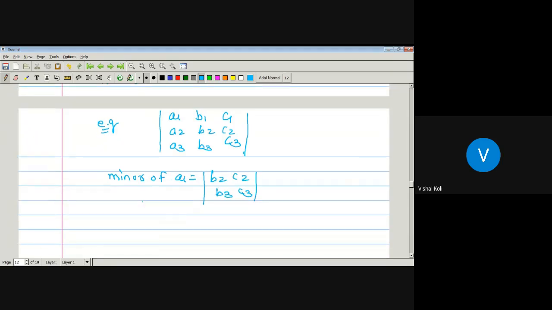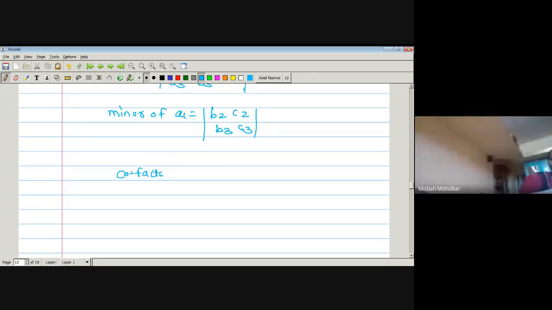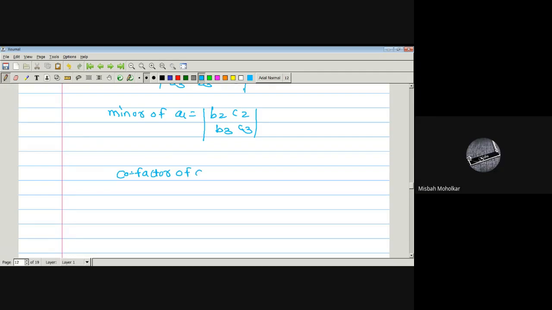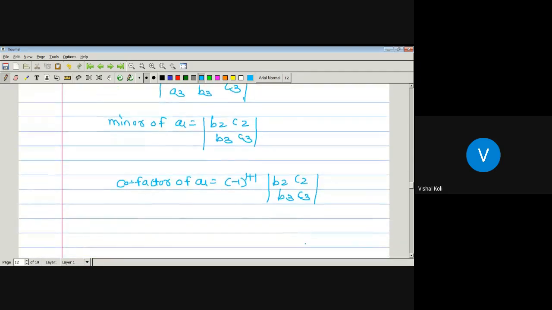So its cofactor, cofactor of A1, is equal to -1 to the power, A1 is present in first row and first column, therefore 1 plus 1, into its minor. Its minor is B2, C2, B3, C3. Okay. So in this way, we can find out the cofactor.